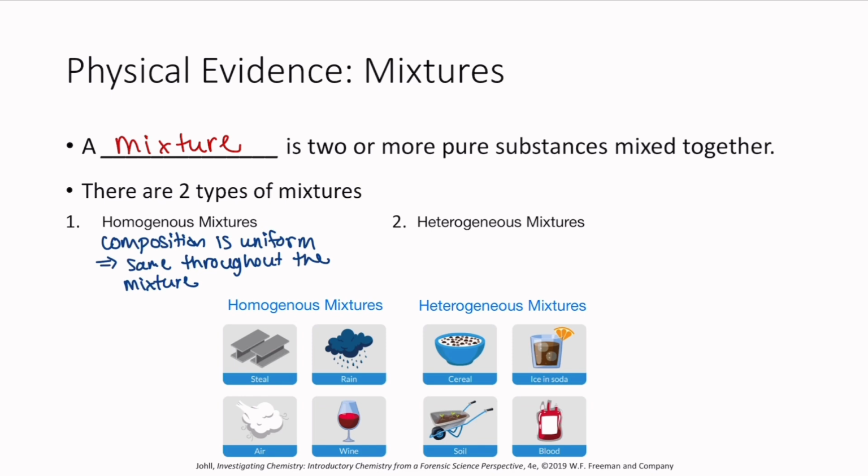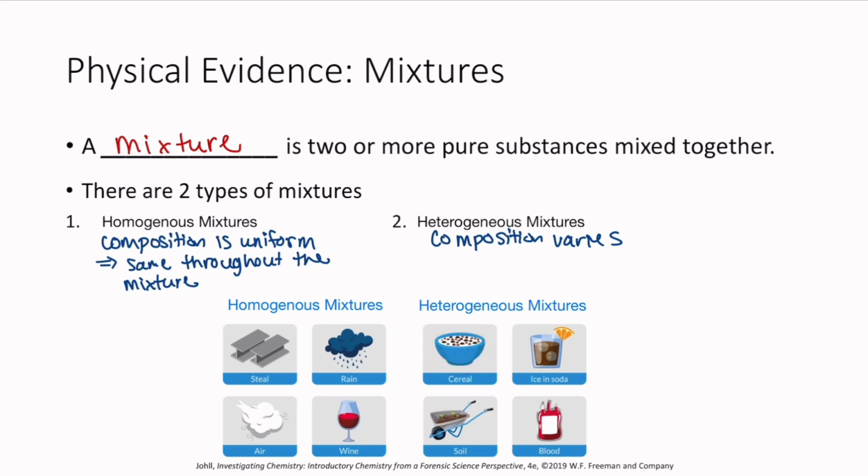Now, the other type of mixture is a heterogeneous mixture. A heterogeneous mixture is not the same throughout. So the composition will vary. So some examples of heterogeneous mixtures would be cereal and milk.